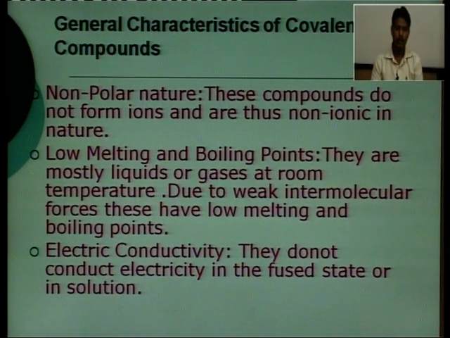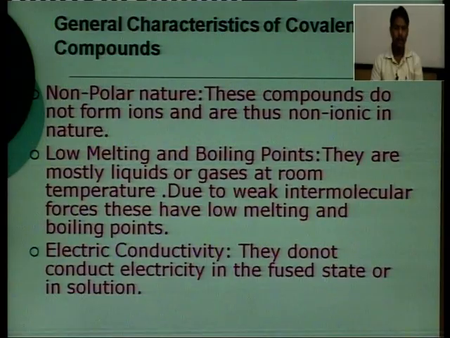General characteristics of covalent compounds. First of all is non-polar nature. These compounds do not form ions and thus are non-ionic in nature. Ionic compounds are polar. Polar compounds are those in which there are poles, meaning there are negative and positive charges at the two poles.